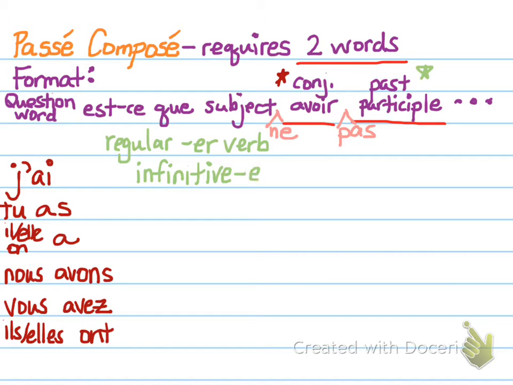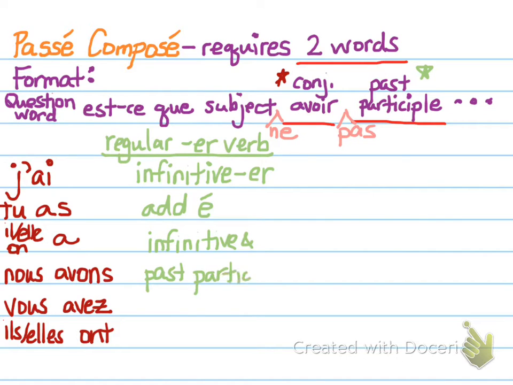You take off the ER, and then you add that accented E. Remember, what was nice about regular ER verbs is that the infinitive and the past participle sound the same. So that accented E you add sounds the same as an ER.